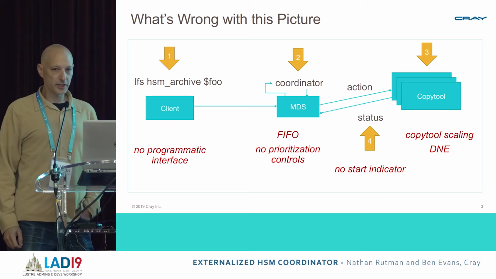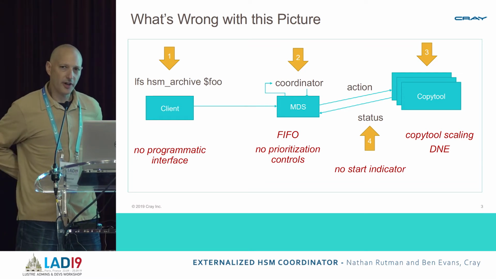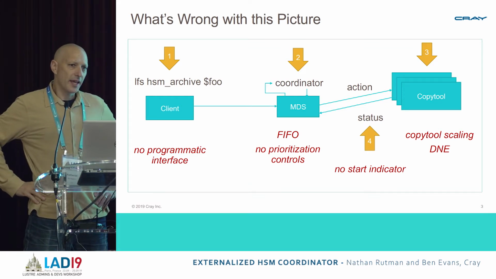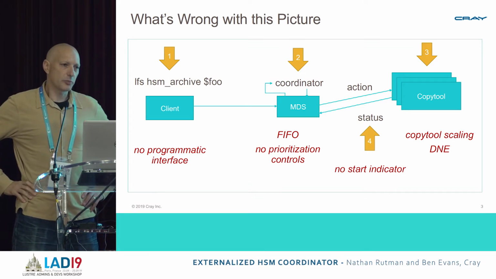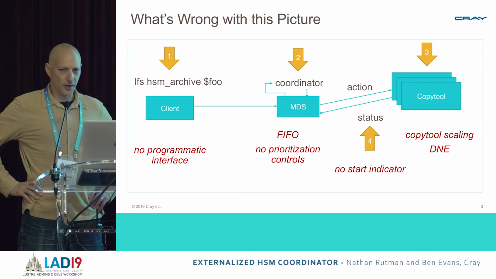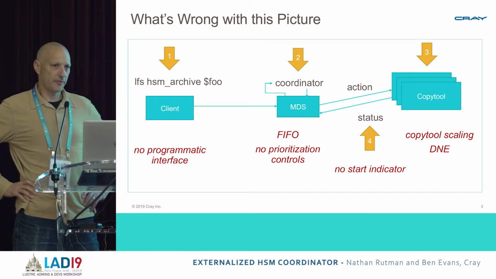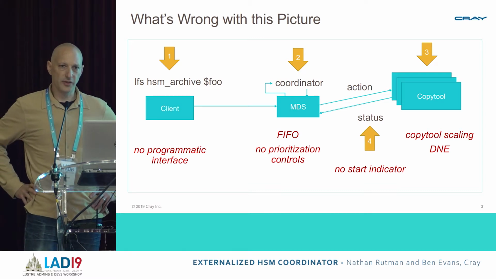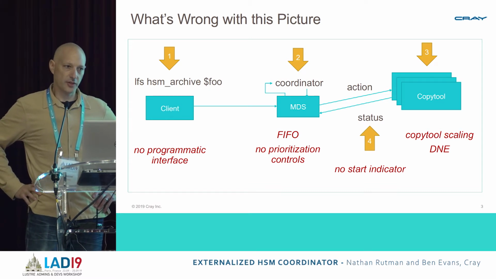The second problem is that the coordinator itself on the metadata server is a FIFO. That means there's no ability to prioritize requests in any way. So you might have issued 1,000 LFS archive commands, and then someone tries to read a file that's already been archived, and tries to do a restore.